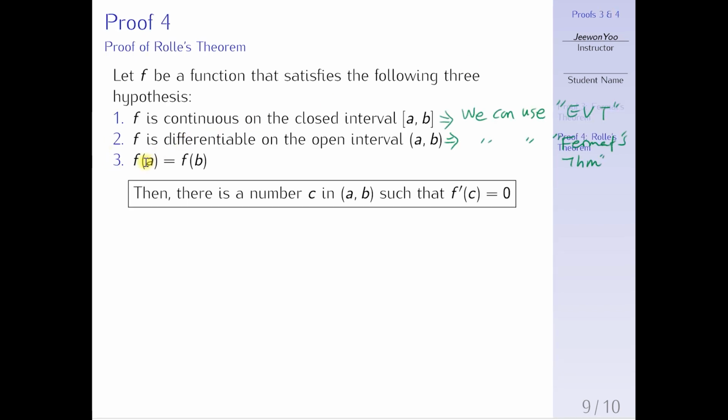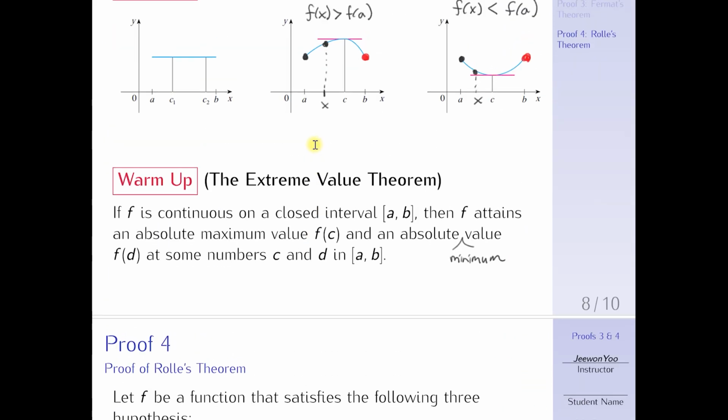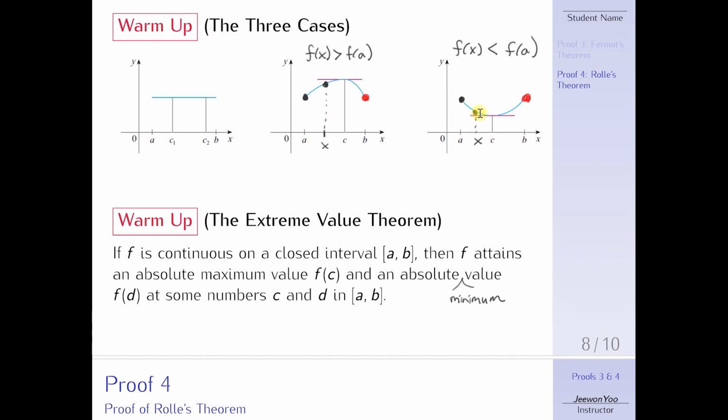The third assumption is f of a equals f of b. You know what this tells us? It tells us about the second case and third case. When we are assuming f of a equals f of b, then these points cannot be local max or local min.